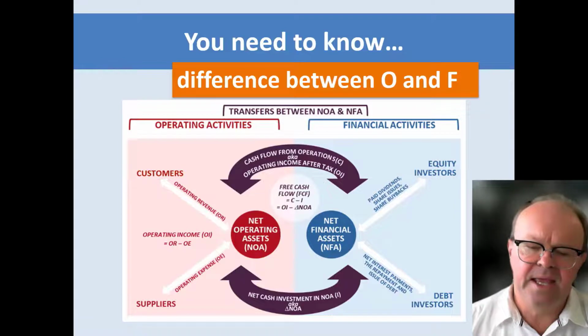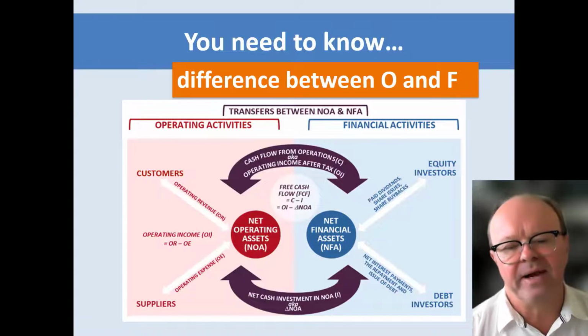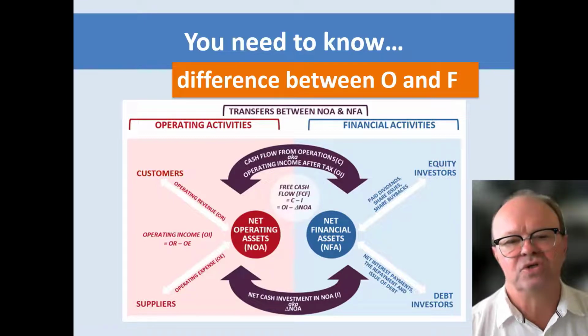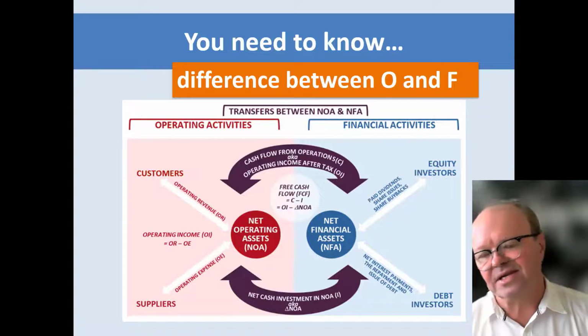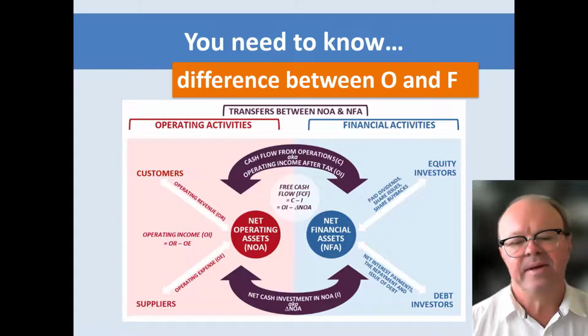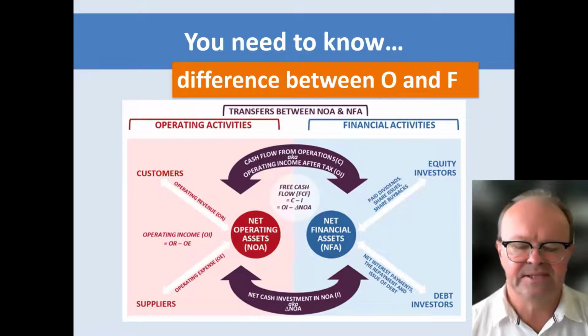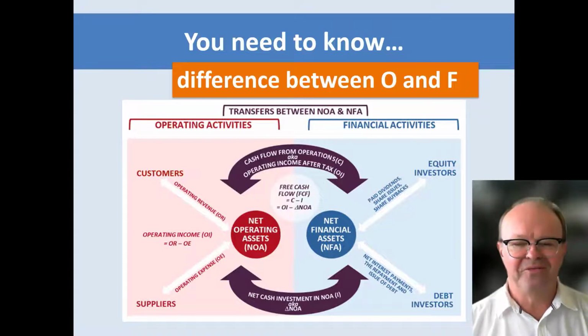If your firm is investing more money into its net operating assets, then there'll be cash going from the financial activities to the operating activities. And it can go the other way, if it's reducing its net operating assets, then there'll be cash coming out of the operating activities to the financial activities. Ryman Healthcare is growing. It's in a strong growth phase, long-term growth phase.